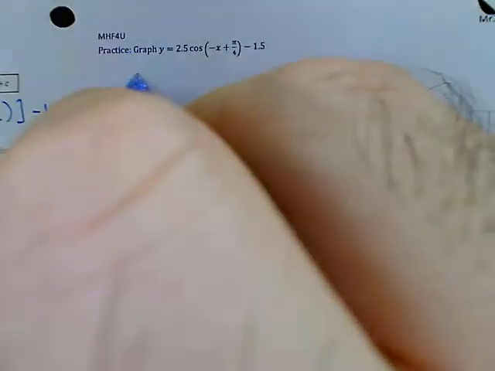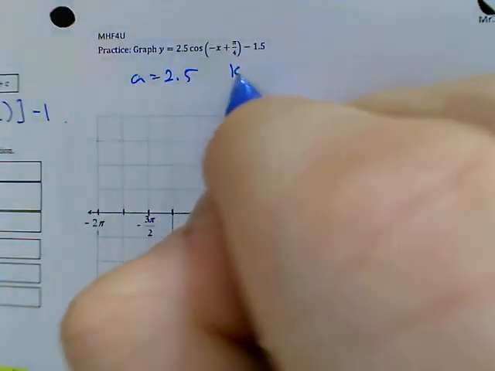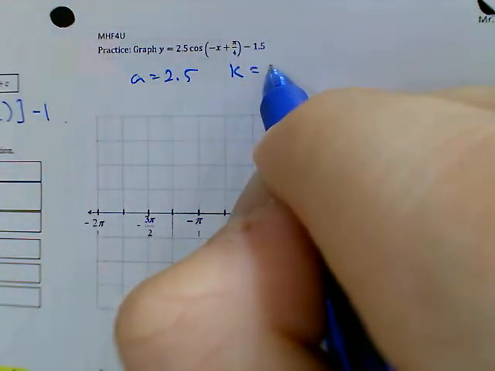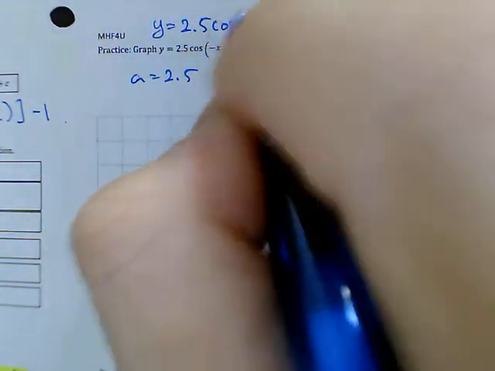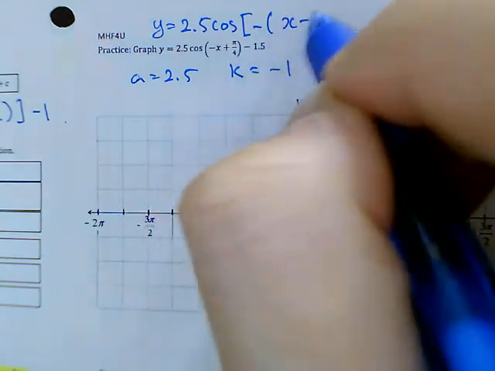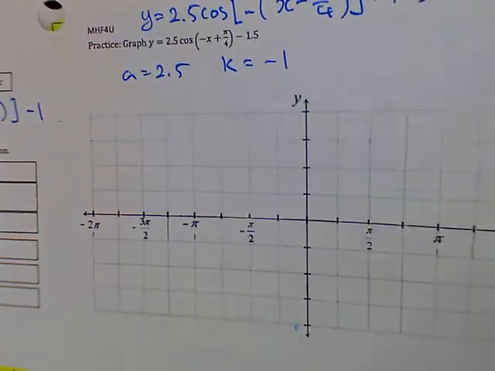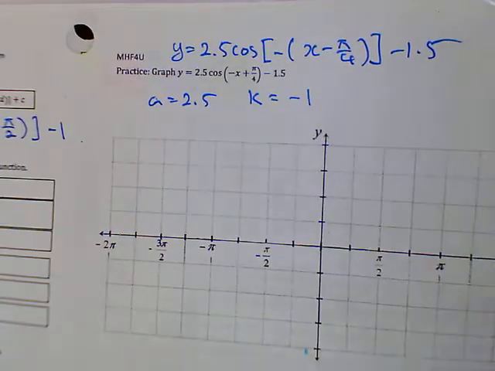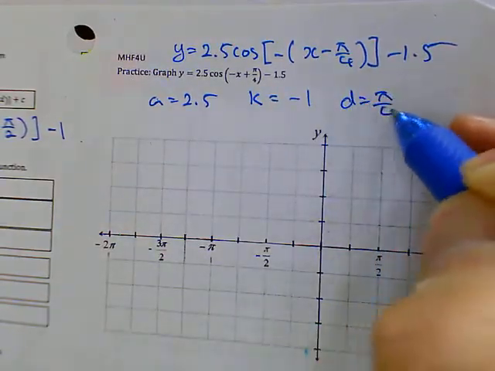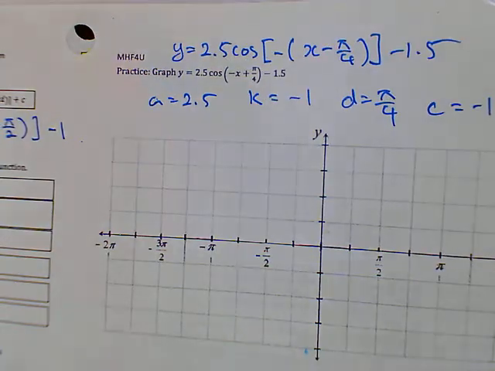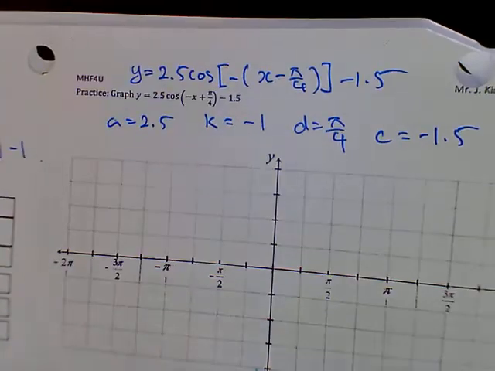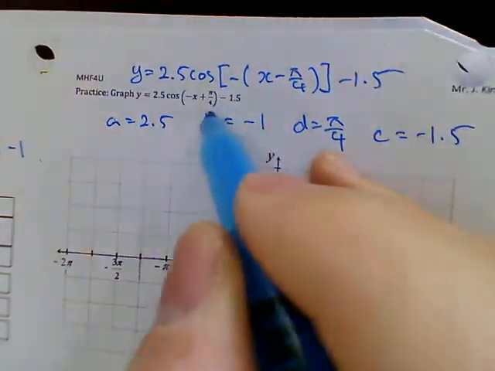Here we go. We have A, 2.5, K, -1, because I need to factor this out. My D is pi over 4, and my C is -1.5. And for the sake of the video, I will use colors once again.